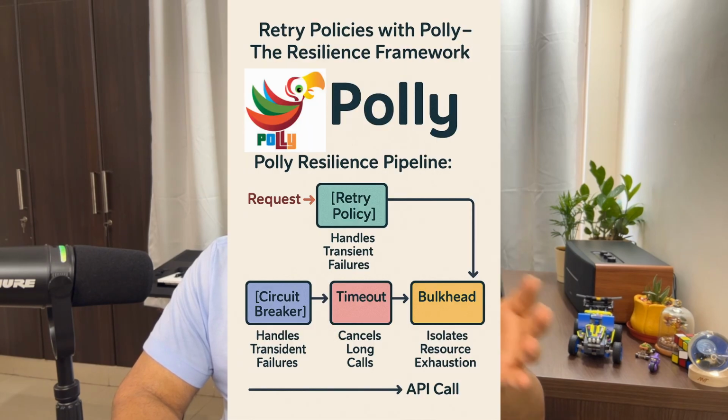Yeah, I can show you the rate limit test with multiple requests. So here the retry policy comes into the picture with Polly, the resilience framework. Here I'm showing you the architecture and how Polly works. So let's now talk about Polly, the .NET resilience framework that makes my AI integration bulletproof.